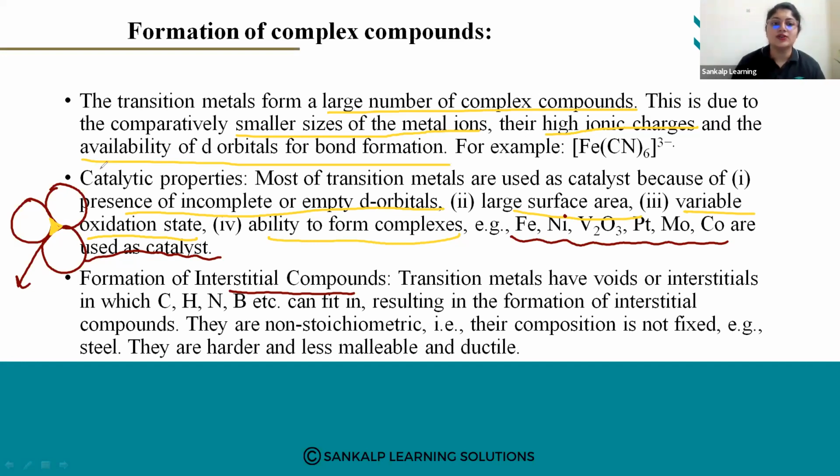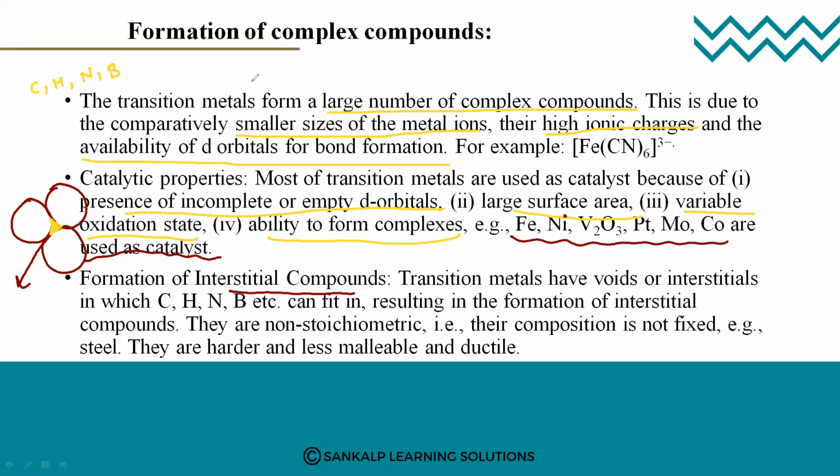Some small elements like carbon, hydrogen, nitrogen, boron, these are elements having small size. So these can fit into these interstitial spaces. This results in a compound called an interstitial compound. So transition elements make up such compounds.